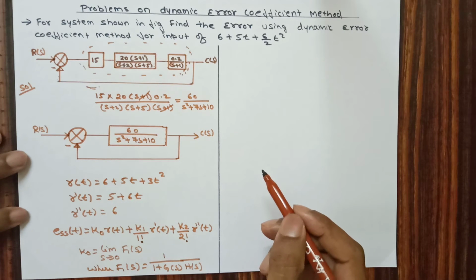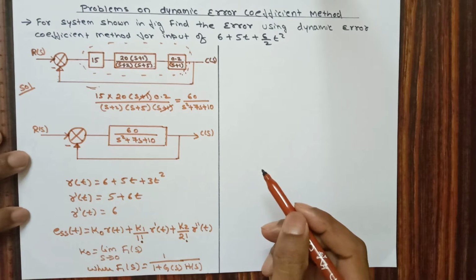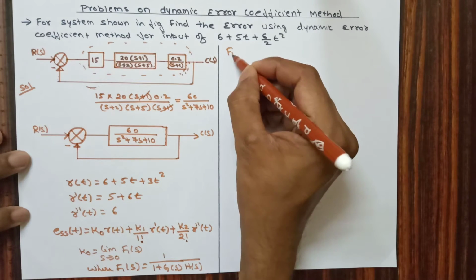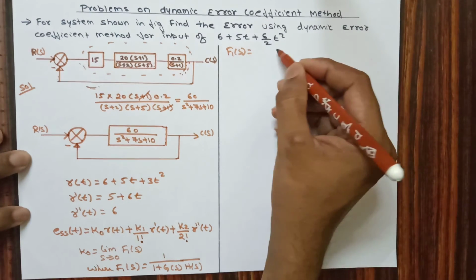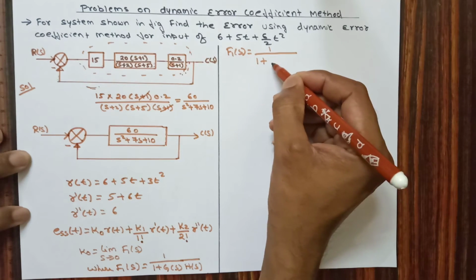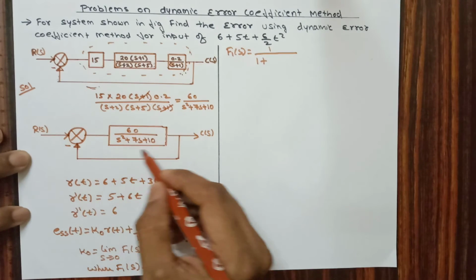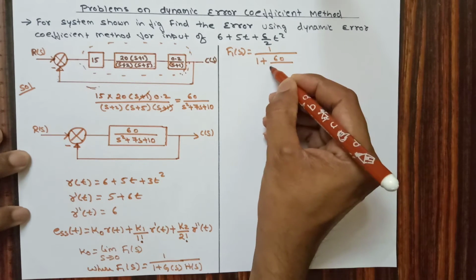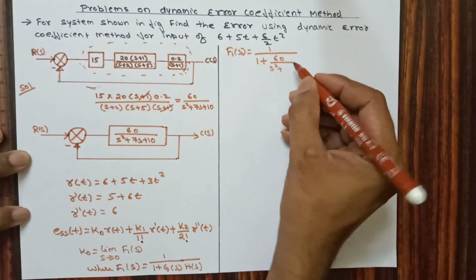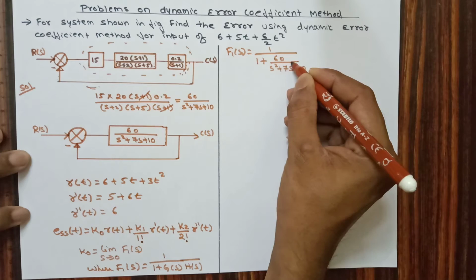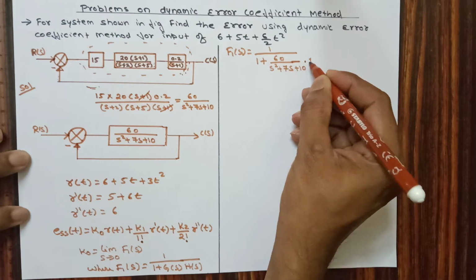Let us substitute and see what we get for F1 of s. You can see here G of s is 60 divided by s square plus 7s plus 10, and we know that H of s value is 1.